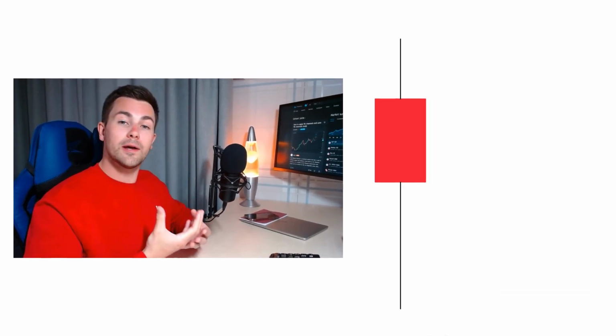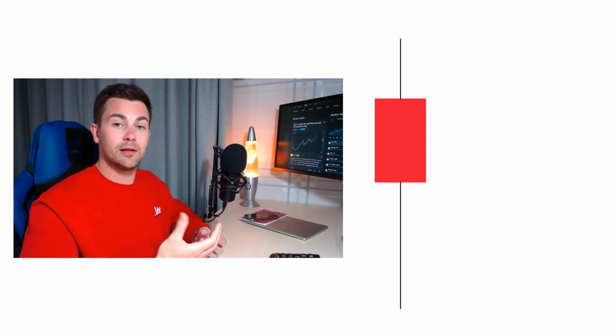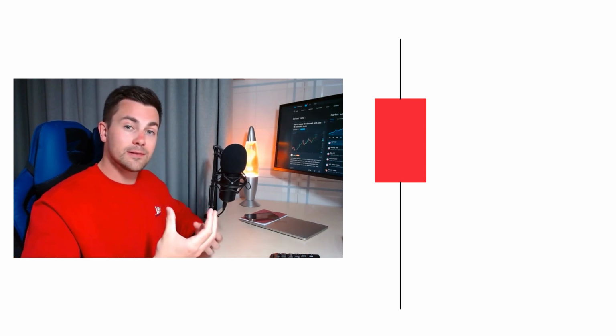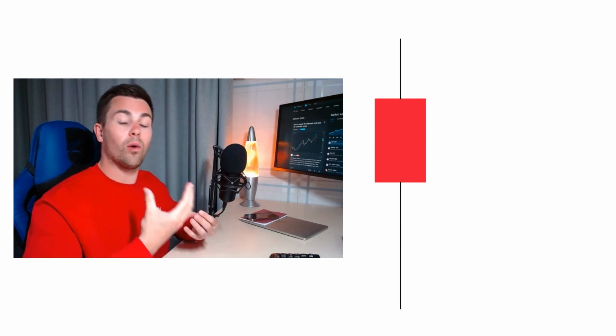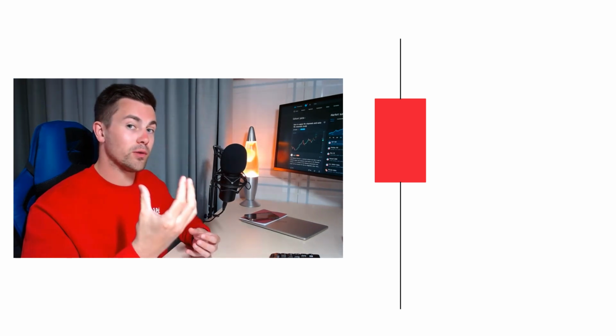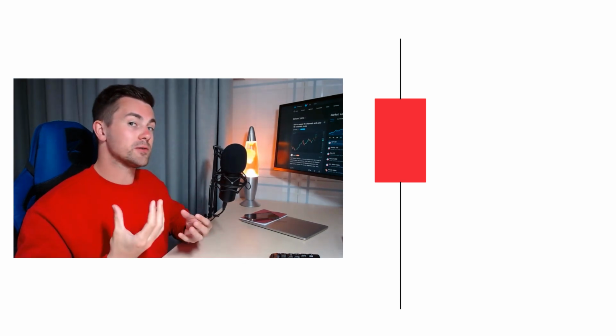And what does it tell us about this candle? What does it tell us about the price action within the candle? It tells us that at some moment, once the market reaches the end point of the wick, we see very strong pressure.